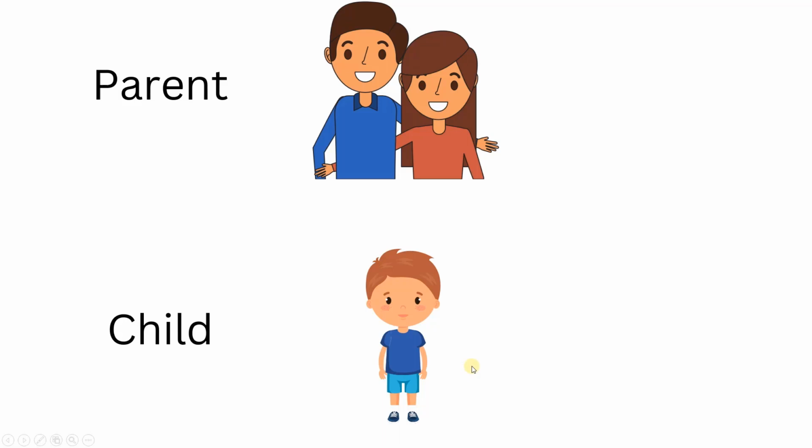What has happened is you have inherited some characteristics of your parents, and you also have your own characteristics, and that is what makes you unique. Correct? Now let us proceed further.